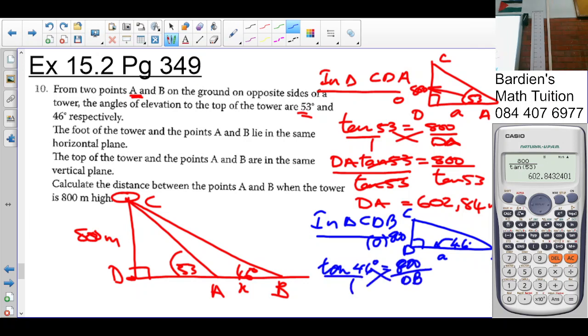You cross multiply, so it's DB tan 46 degrees equals 800. So how do we get DB on its own? Divide by tan 46 on both sides.